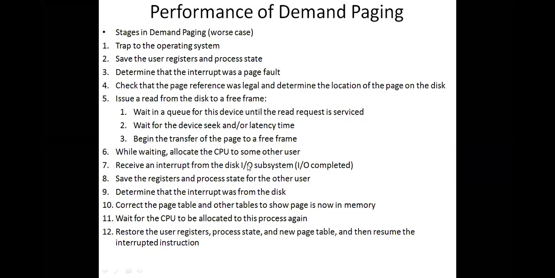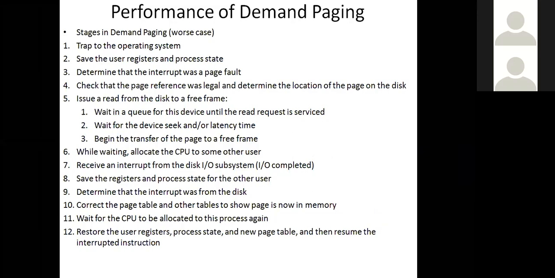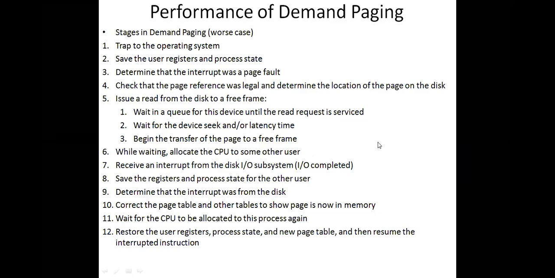Whenever we receive a signal or interrupt from the IO subsystem saying IO complete, that means the required page is loaded into the main memory from secondary memory. Earlier we switched the CPU from this process to another process, right?